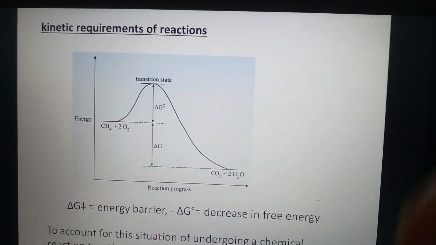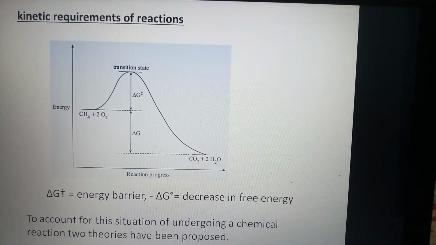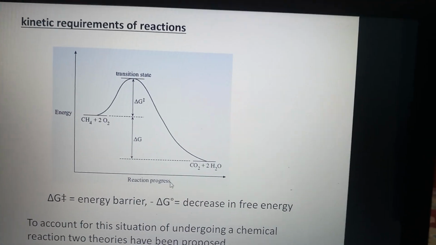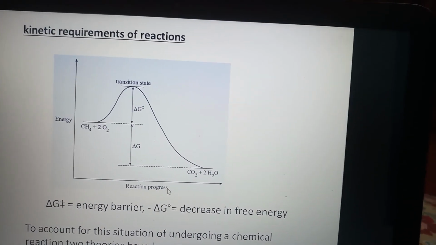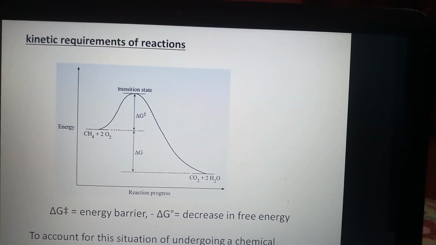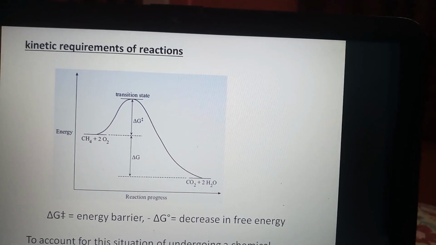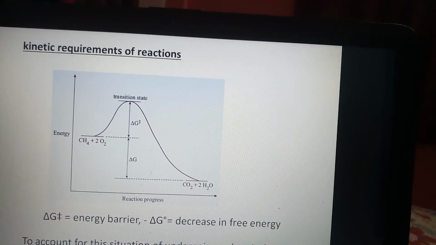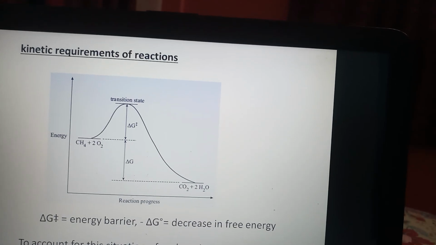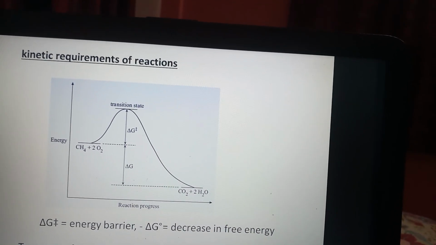Now, kinetic requirement of reactions. What is kinetic requirement? The value of delta G0 indicates how far a reaction goes to completion under a given set of conditions. But how fast the starting materials are converted to products is also needed for proper assessment of the reaction.